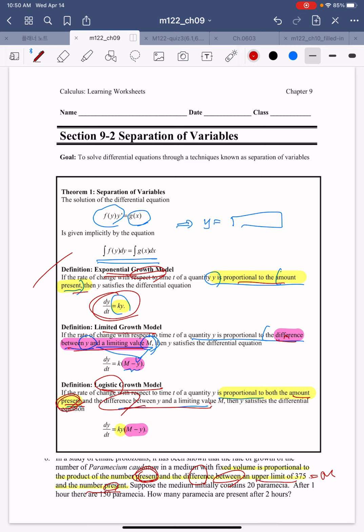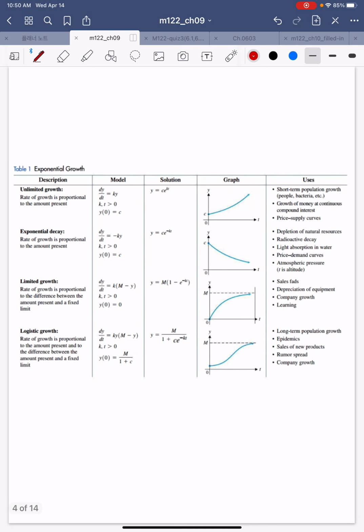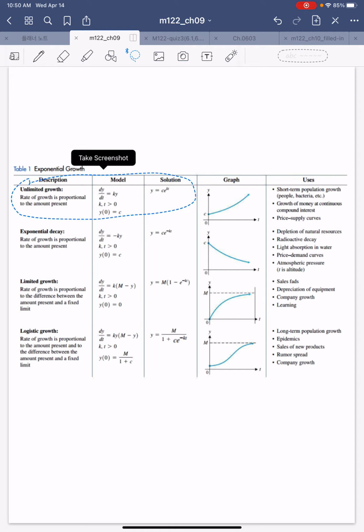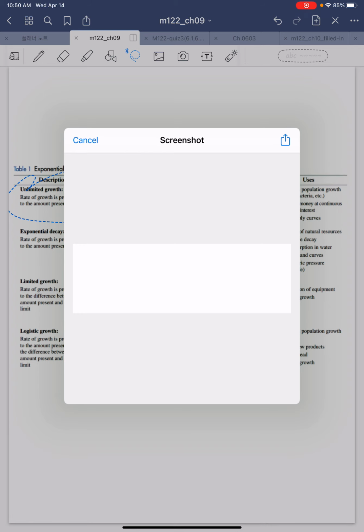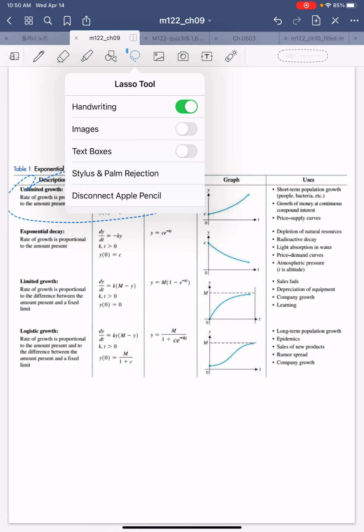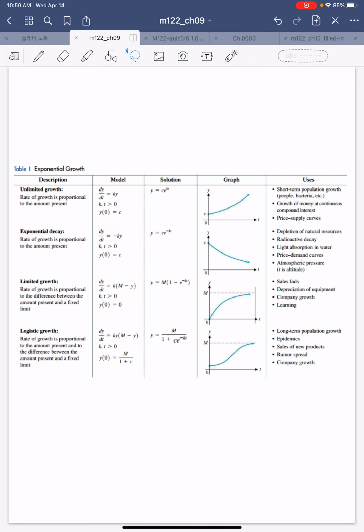So we will use this one here. So I'm going to screenshot this part. Let's do it one more time.